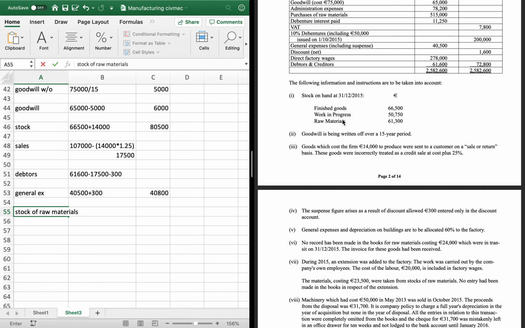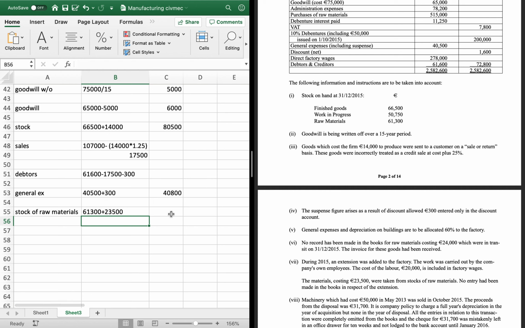So closing stock of raw materials starts at 61.3, and then we're going to add on a cost price of 23,500 to those. So now then the double entry then, it's purchases and creditors.